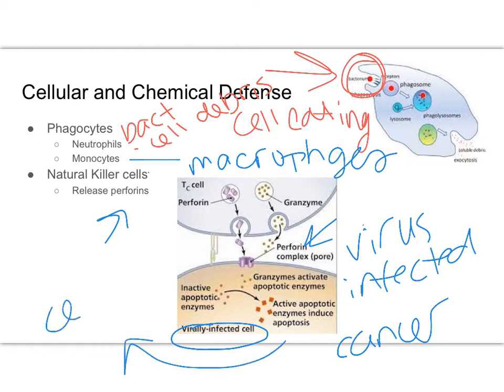Remember, apoptosis is also called cell suicide. These enzymes are inactive in the cell, but when these granzymes come in, they will activate them. And so basically that will kill your infected cell, whether it's a cancer cell or a viral infected cell, which is helpful before it can spread.